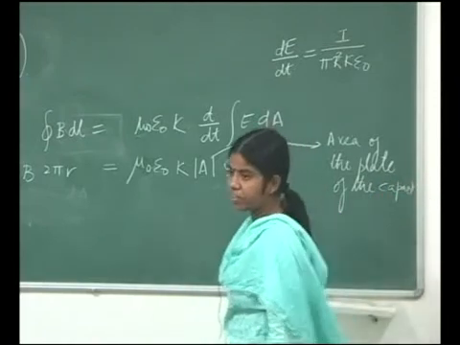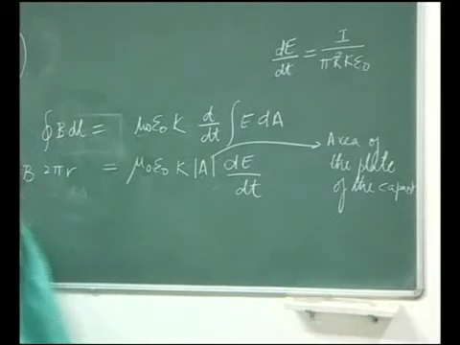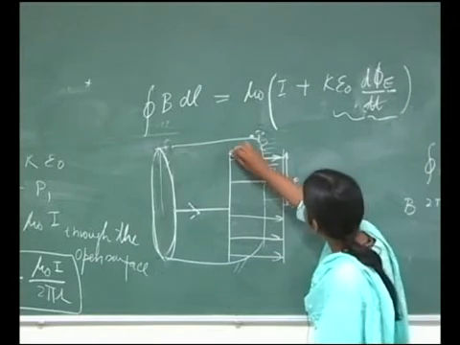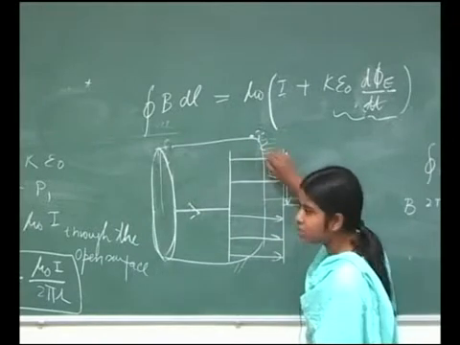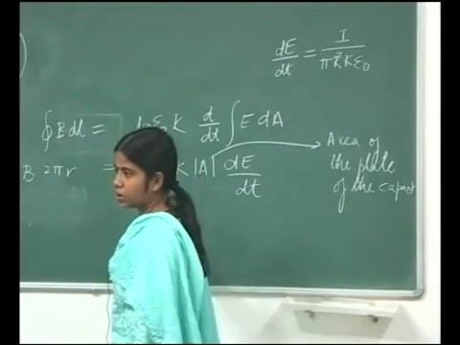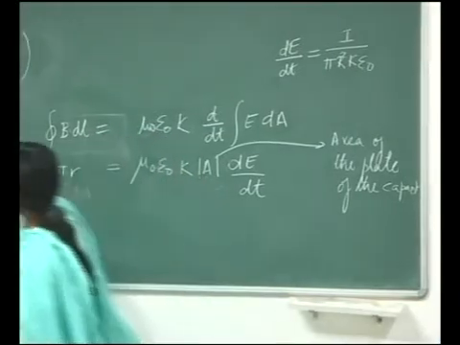Is it clear? Because there is no field outside, there is no flux outside, and there is no field here also in this region. So, the region which contains electric field is only this region. So, this area is actually pi capital R square, not small r square, okay, because r is the radius here.